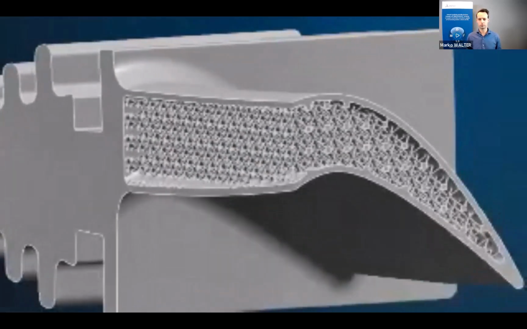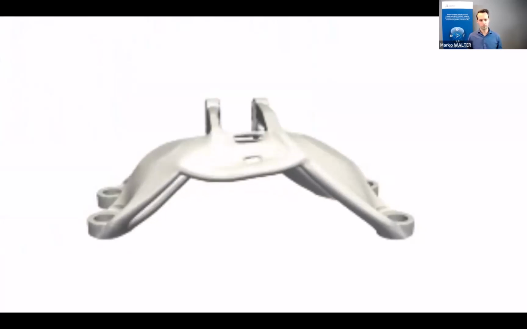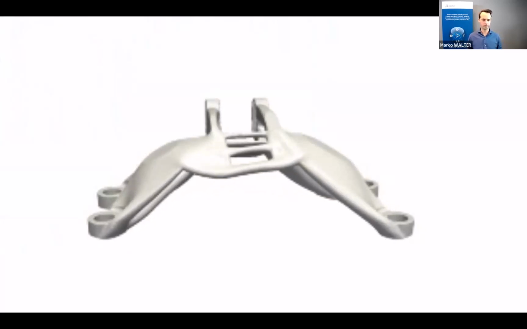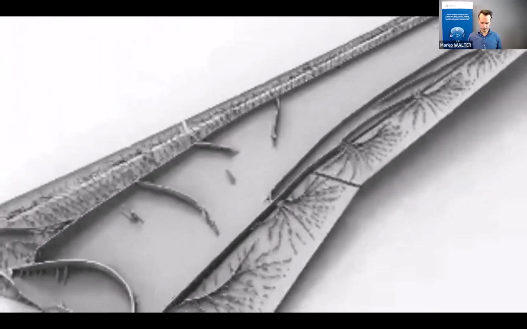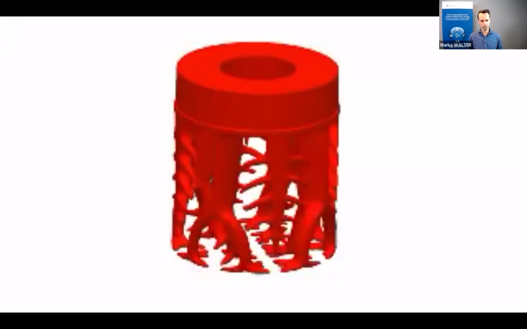So for me, it's really fantastic to see how many industries are using it. Essentially, additive manufacturing offers ultimate freedom for manufacturing, but they don't know how to come up with these optimal parts. And on the other hand, topology optimization uses this ultimate freedom to come up with parts that are optimized for specific load cases and extreme situations.